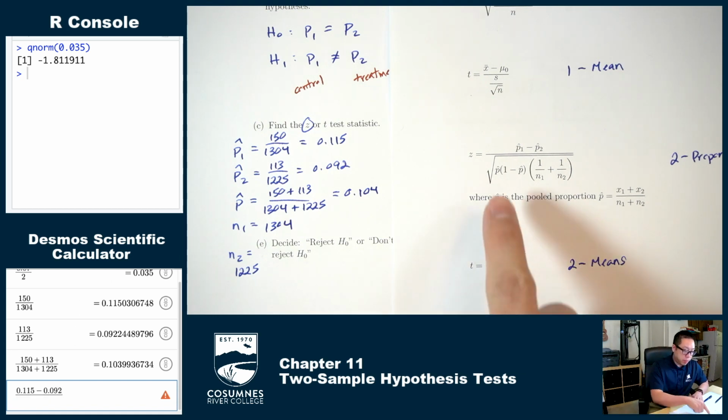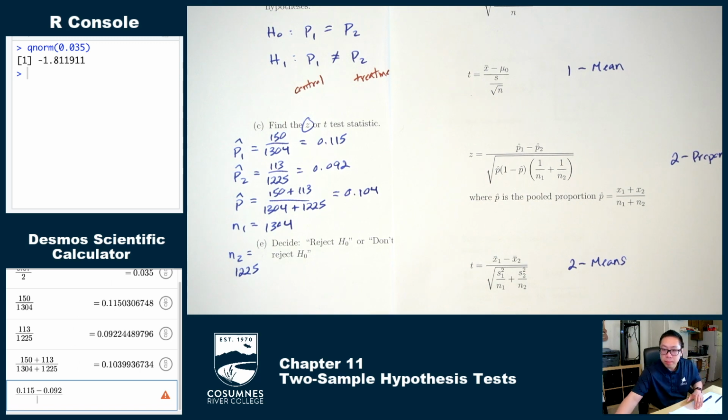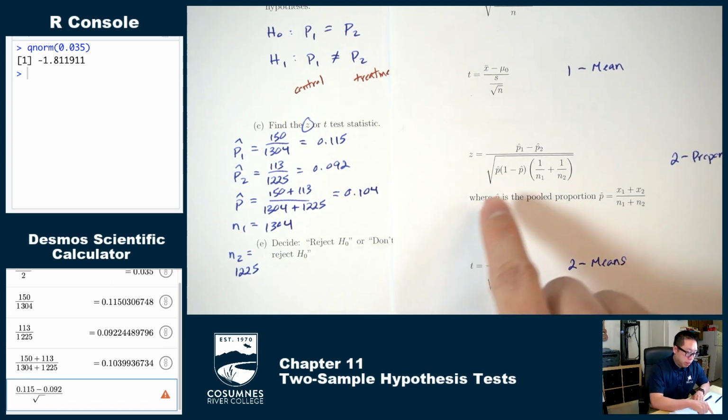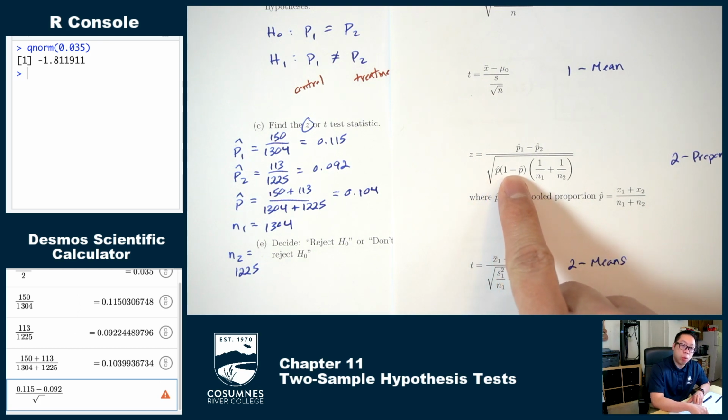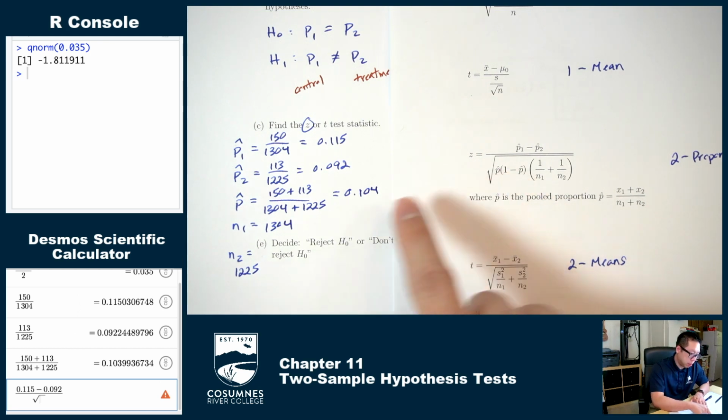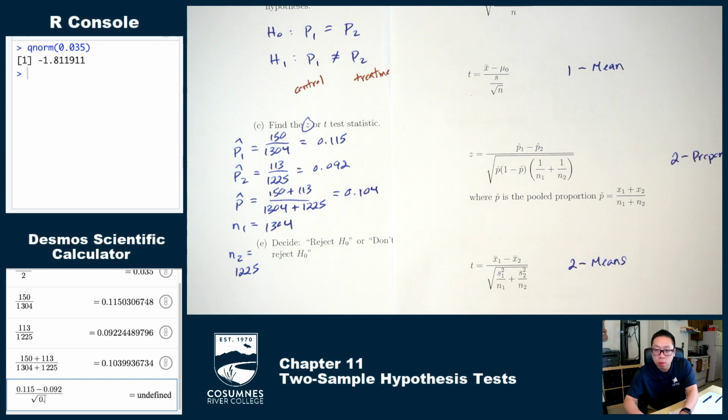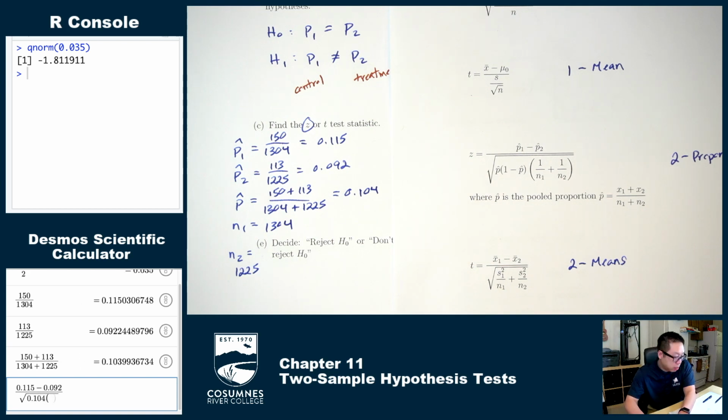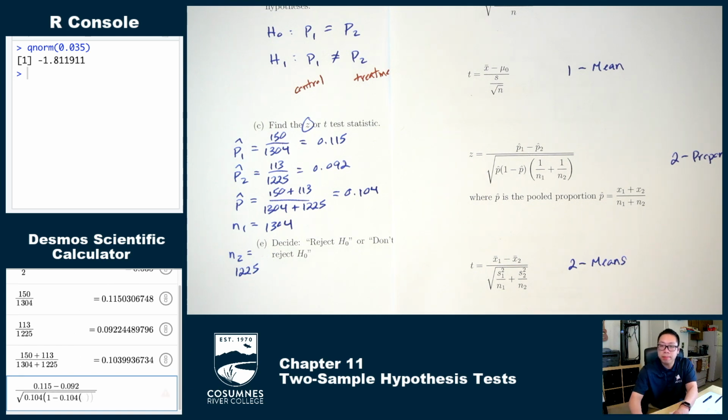On the bottom, square root of P hat, and in parentheses, 1 minus P hat. So P hat is 0.104, parentheses, 1 minus 0.104, close parentheses.